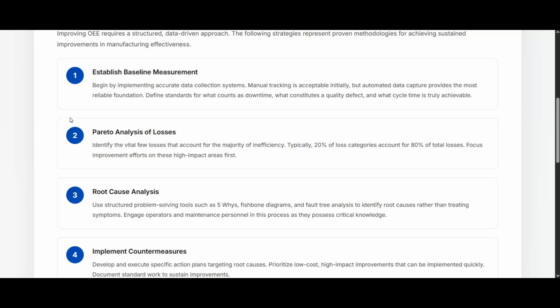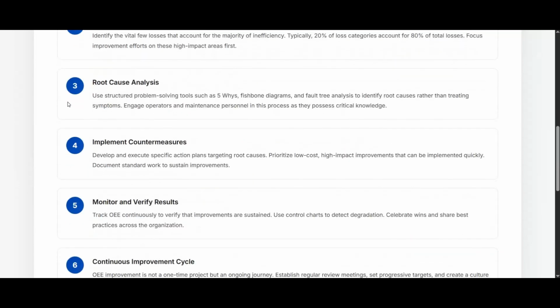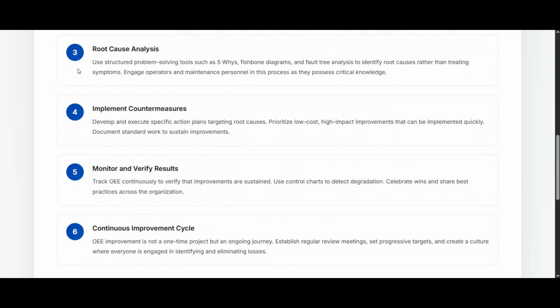Step 3 is root cause analysis. Here, you dig into why those losses happen using tools like the 5 whys or fishbone diagrams. The goal is not to fix the symptoms, it's to fix the real cause.